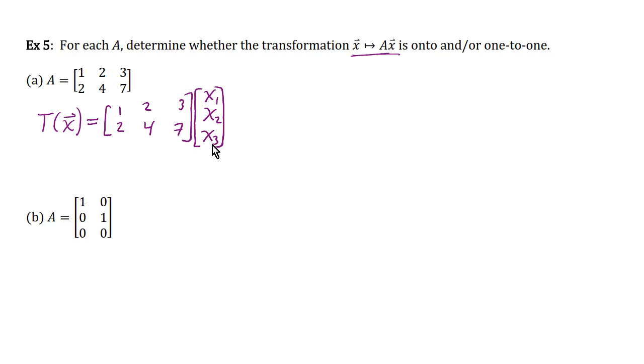Now, t of x means the same thing as a times x. And the definition of 1 to 1 and onto that we just saw were both of the form of something about solutions of the equation ax equals b for each b. In this case, b would have to be in R2.